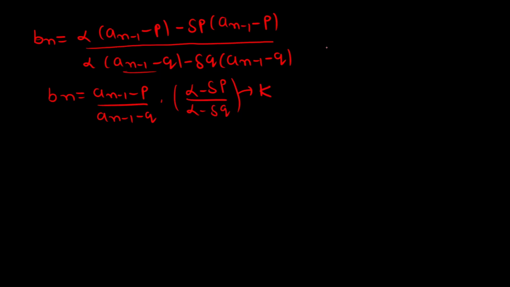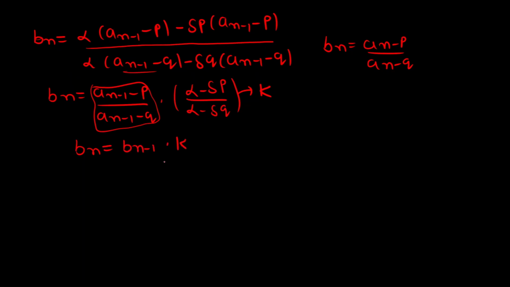And if you notice, we have bn is equal to an minus p by an minus q. Now if you notice, this is nothing but the before term of this sequence, which is bn minus 1. bn is equal to bn minus 1 times k.